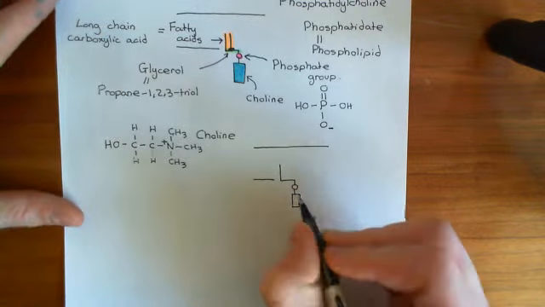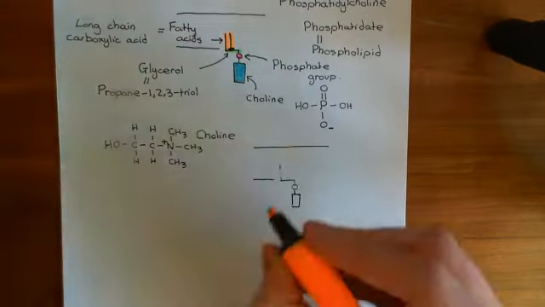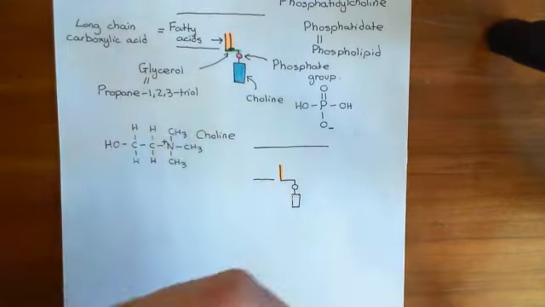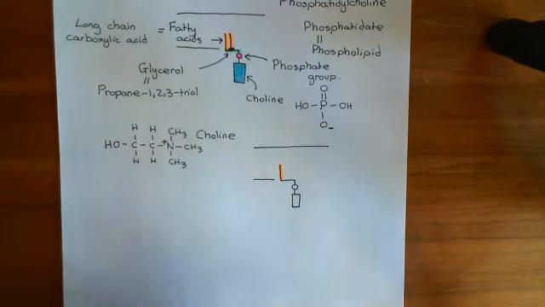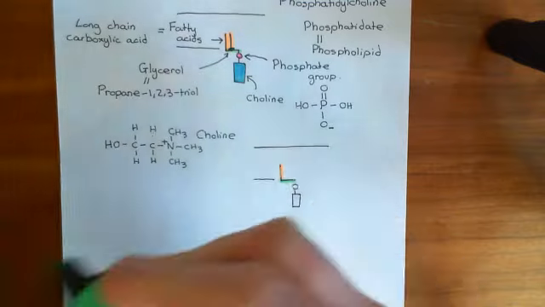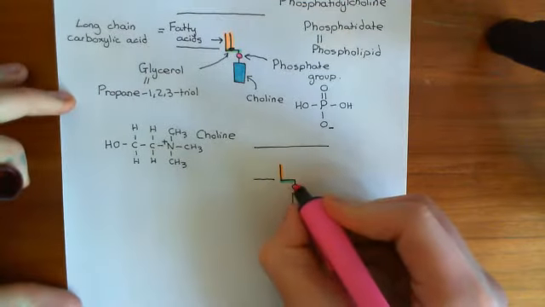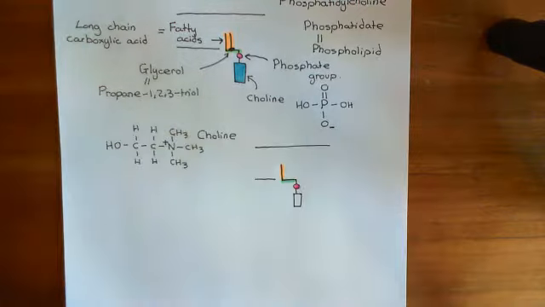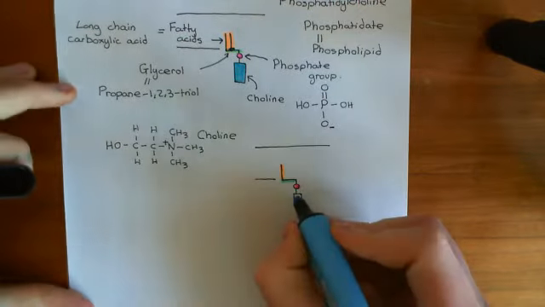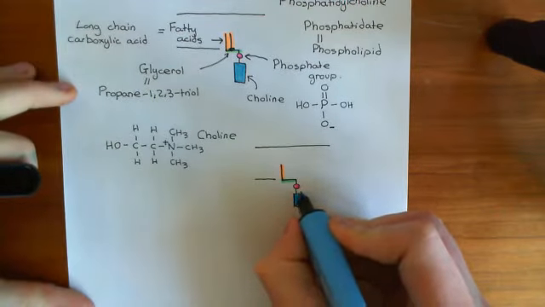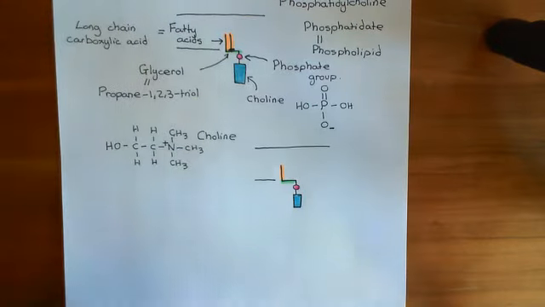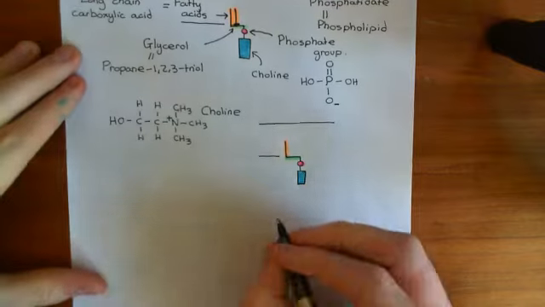What's left of the phosphatidylcholine? Phosphatidylcholine was when it had both long-chain carboxylic acids. It's not called phosphatidylcholine anymore. This now is called lysophosphatidylcholine. Okay, so we've removed one of those carboxylic acids, the second one, which is why it's phospholipase A2. The 2 tells you that it's the second carboxylic acid that you'll be removing.